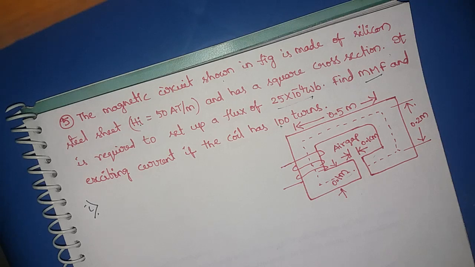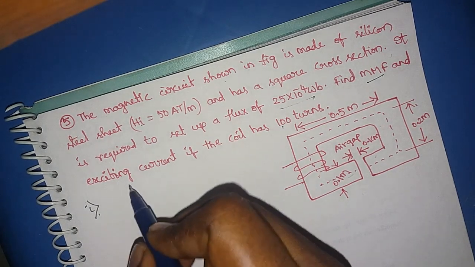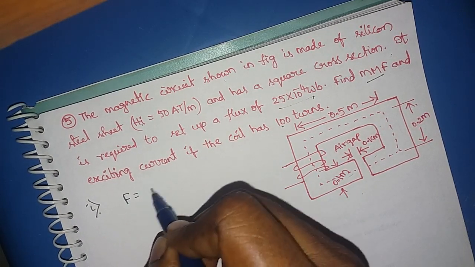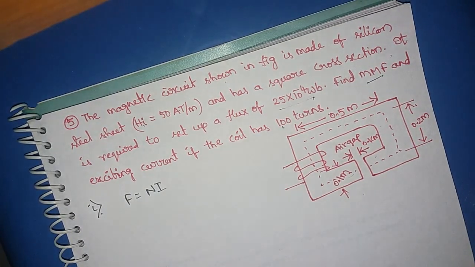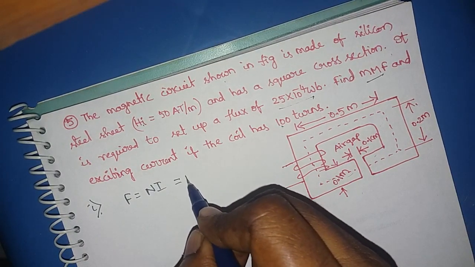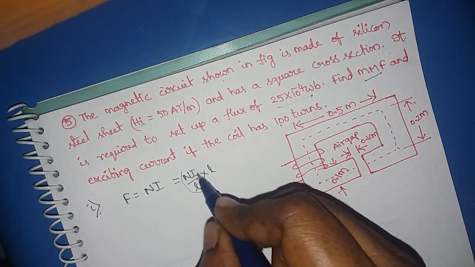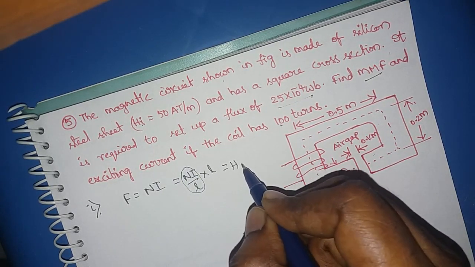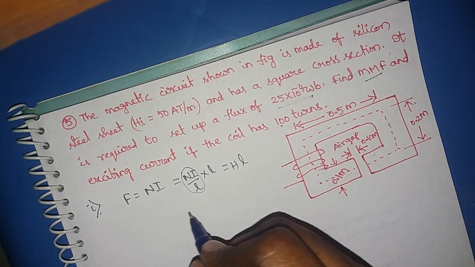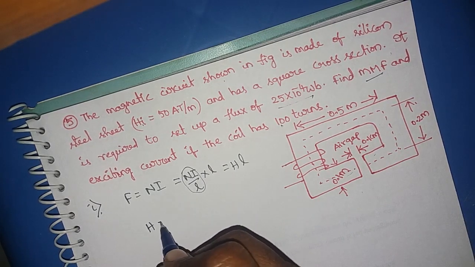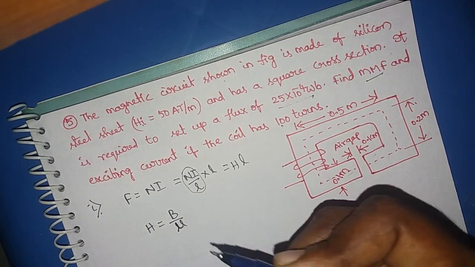You know the formula for MMF: F is equal to Ni, or you can also write Ni by L is H into L, and H is B by mu.